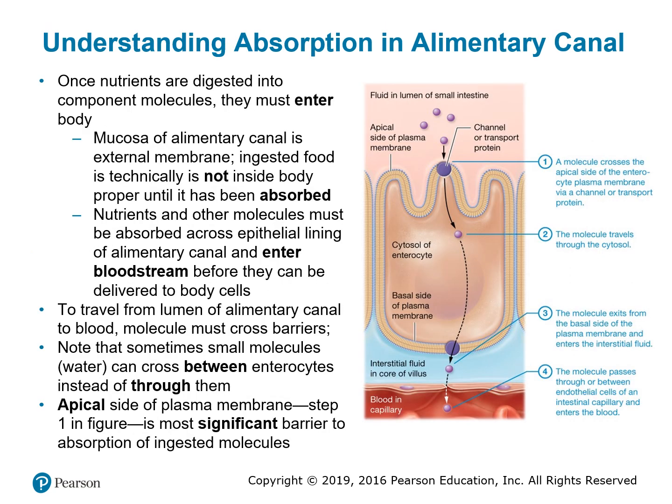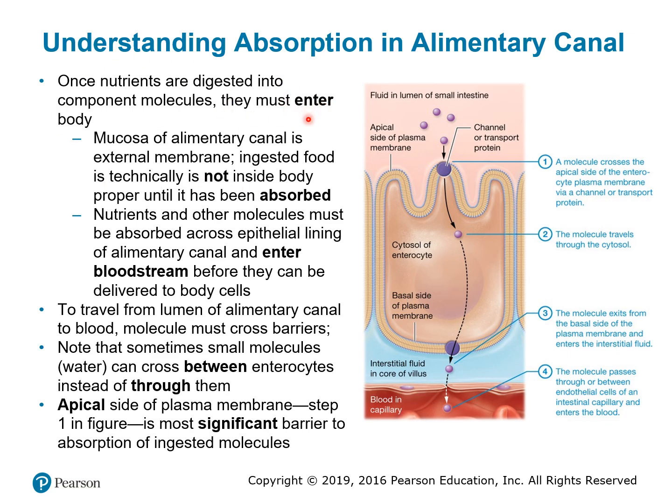Okay, so now we're going to talk about how absorption happens in the alimentary canal, specifically how the food gets into the blood system. How does the food get broken down into smaller molecules, and how does it get into the blood system? Once the nutrients are digested into smaller components, they're going to enter the body, meaning the blood system.